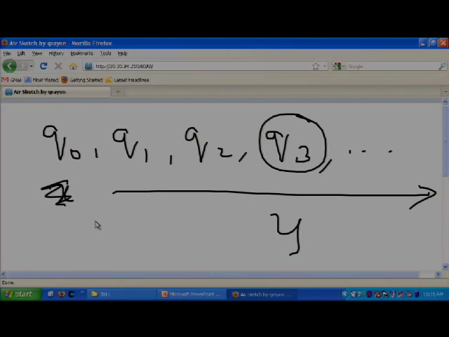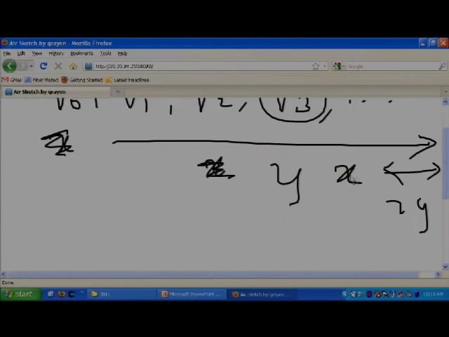Then globally x implies future y is not satisfied. So in this case, for example, if x holds in Q1, then y should hold in some subsequent state.